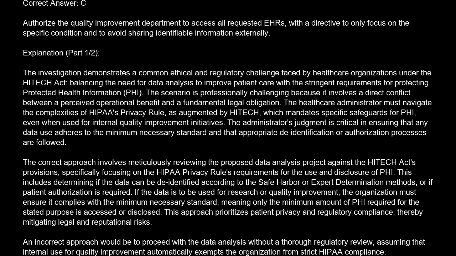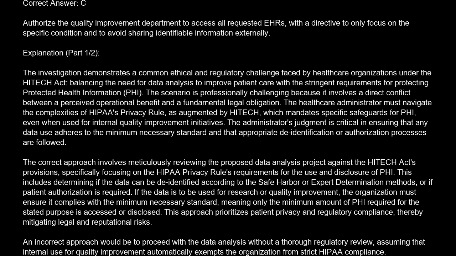The healthcare administrator must navigate the complexities of the HIPAA privacy rule, as augmented by HITECH, which mandates specific safeguards for PHI, even when used for internal quality improvement initiatives. The administrator's judgment is critical in ensuring that any data use adheres to the minimum necessary standard, and that appropriate de-identification or authorization processes are followed.